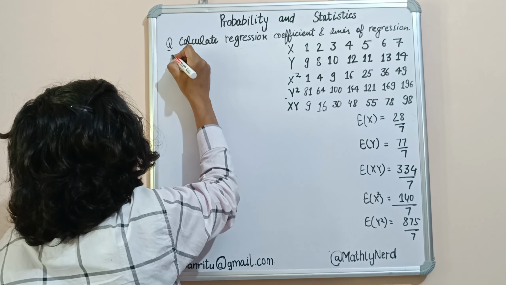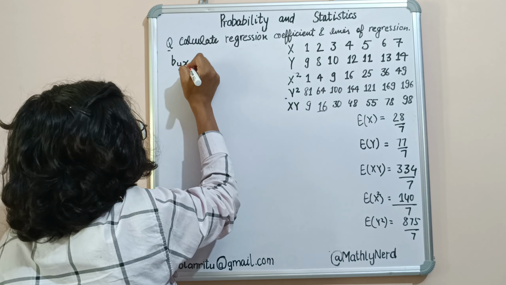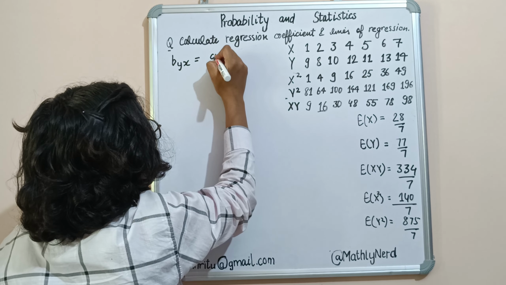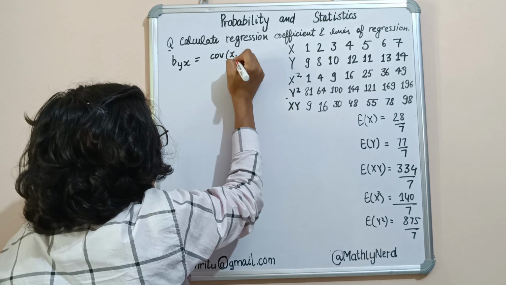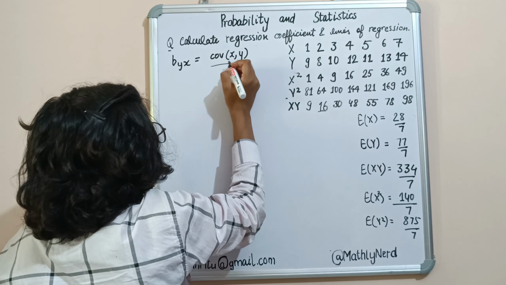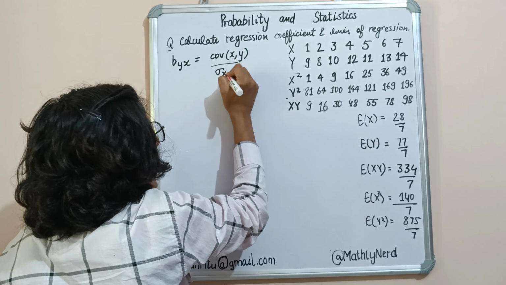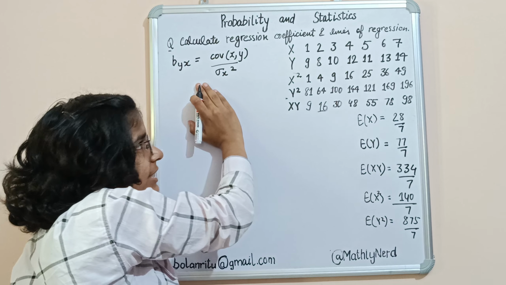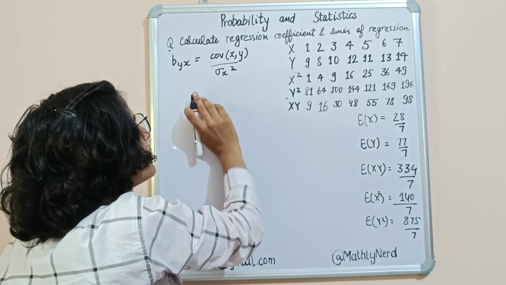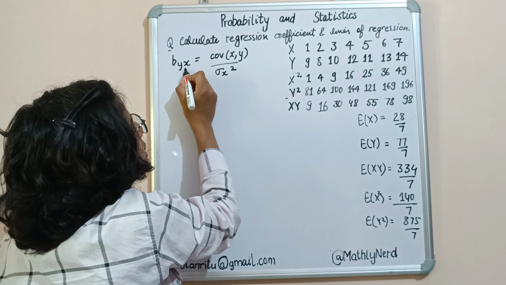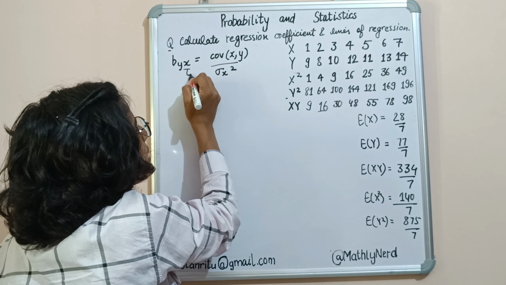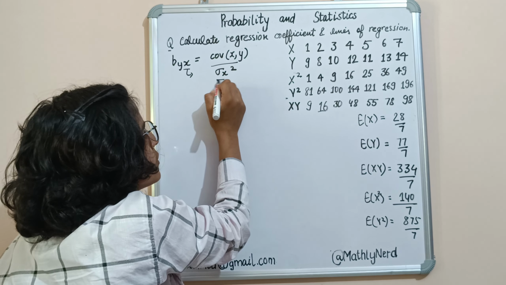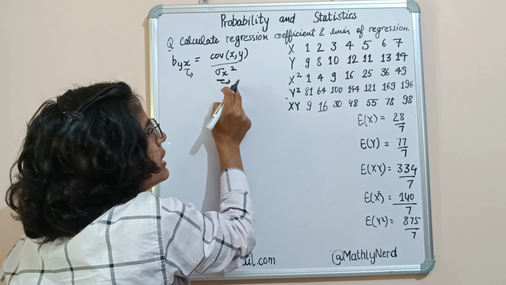First we will calculate byx, and this equals covariance of xy by sigma x square, as we have already learned in this lecture, that whatever variable is in the second place, its variance will become the denominator.